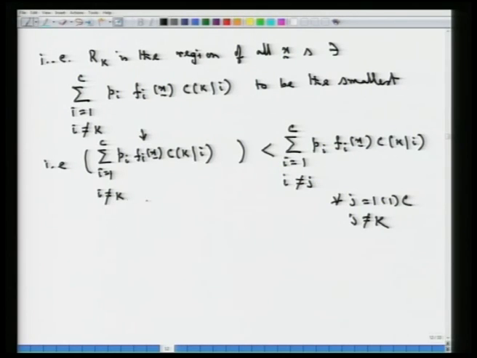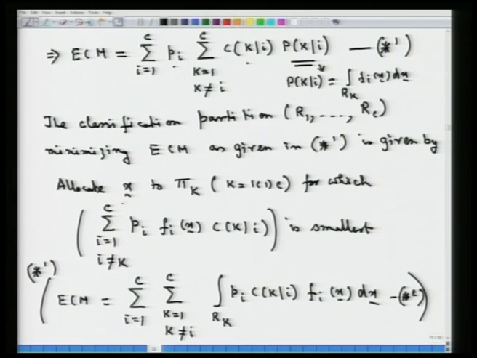So, we will be looking at all such sums, deleting a particular i index, and the region R_k is going to be the region of all such x's for which this left hand side is less than the right hand side out here. So, this is what is giving us the rule which minimizes the expected cost of misclassification, and the allocation rule is what we have written here, that is to allocate x to pi k, if we have got the summation here to be the smallest among all possible such k terms.